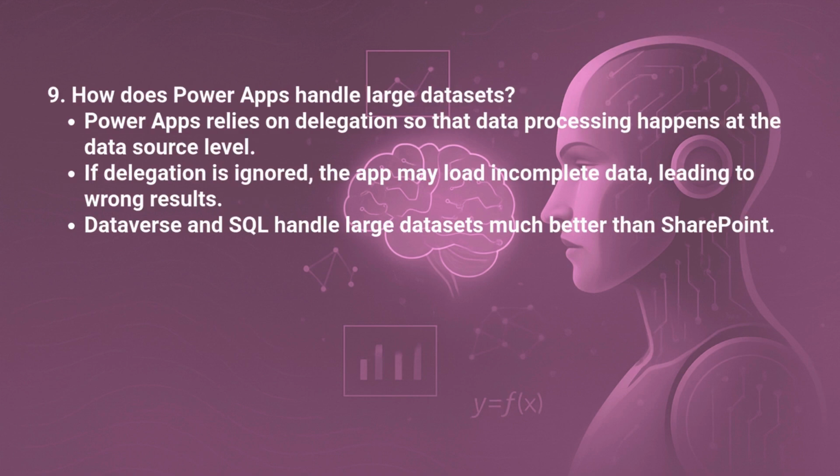How does Power Apps handle large datasets? Power Apps relies on delegation so that data processing happens at the data source level. If delegation is ignored, the app may load incomplete data, leading to wrong results. Dataverse and SQL handle large datasets much better than SharePoint.